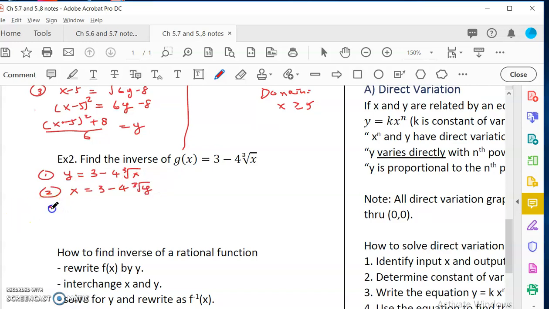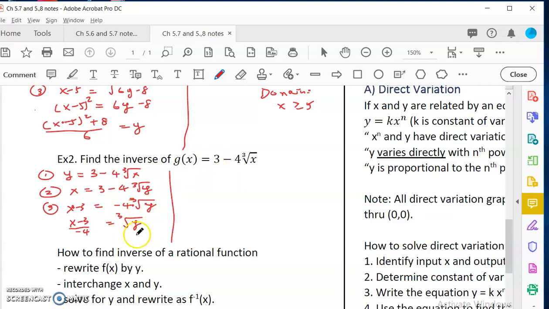The third step is the most important one, which is to solve for y. So how do you solve for y? You have to clean up everything outside. So first, minus 3. And then I have negative 4 times the cube root of y. I have to get rid of the negative 4. It is not by subtracting, it's by dividing. So you would say x minus 3 over negative 4, because this is a multiplication, right? So I have the cube root of y.